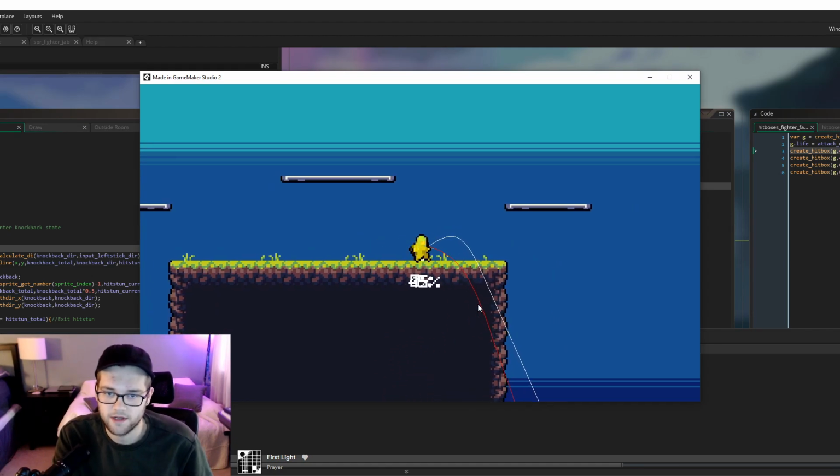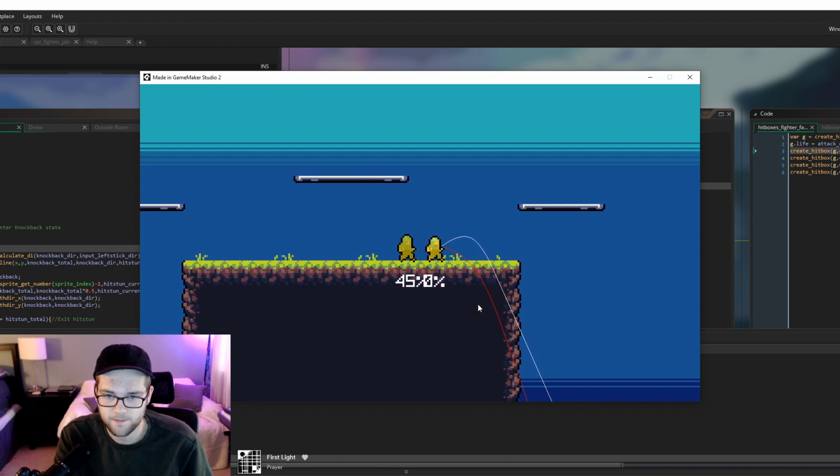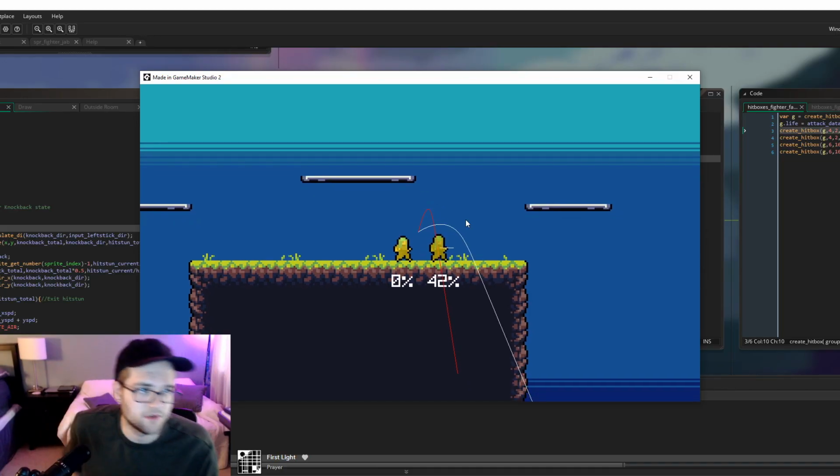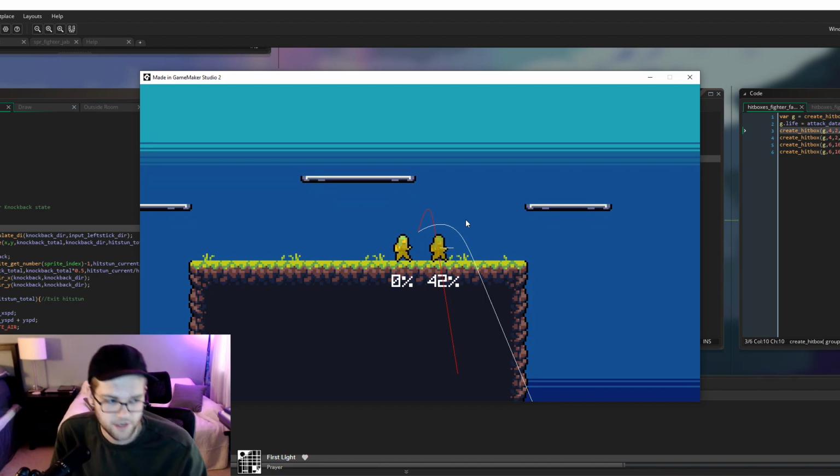Alright, that looks correct. So basically we need to make sure that the angle difference... So angle difference will always return a value between negative 180 and 180. So I can subtract any amount angle difference goes over 90. Oh yeah, that would work.